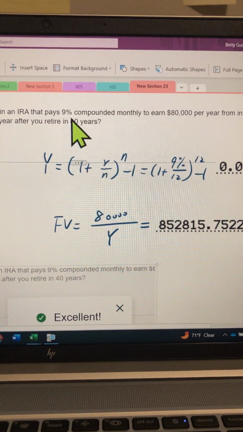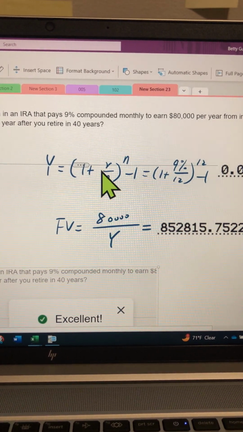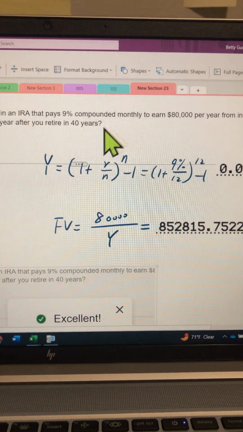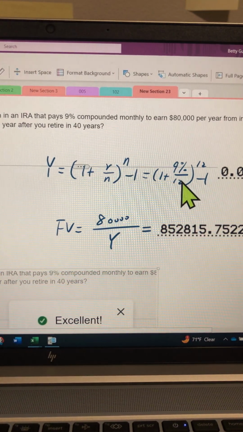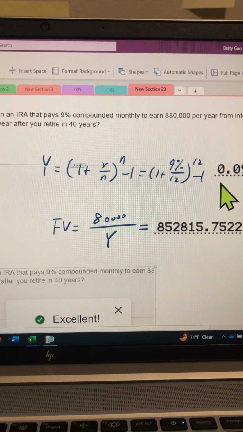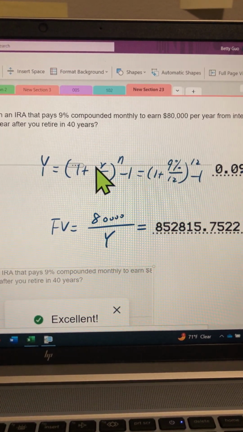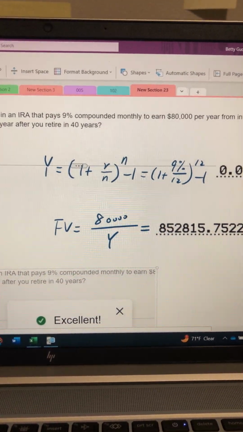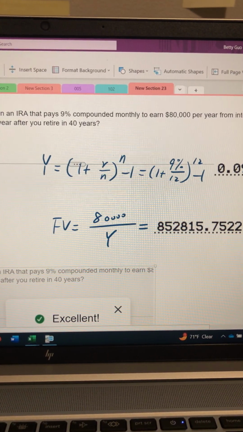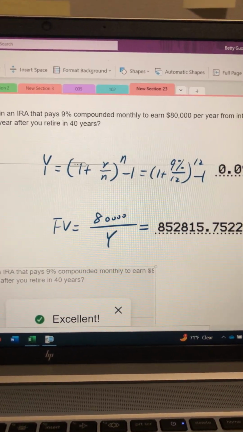So R here, 9%, is the nominal rate. We use R equals 9% to find the effective rate for the annual interest. So we enter R equals 9%, N equals 12. We got 0.09380 and so on. A long number.